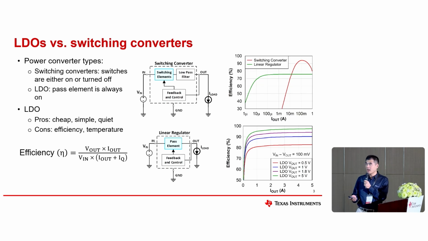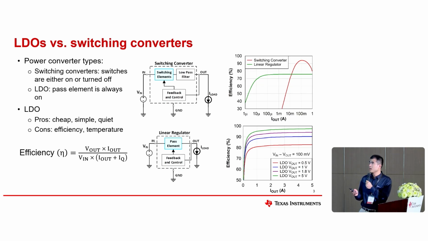But at light load, in most cases, we will need to care about this. For some SOC or MCU, sometimes it will work at light load for a long time. This is the spec for the LDO efficiency.